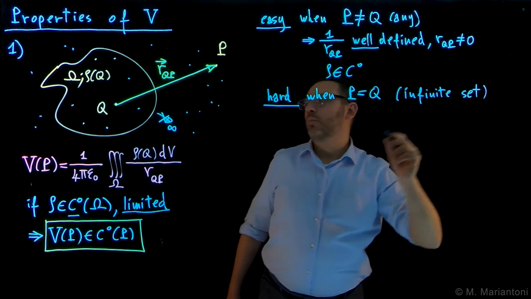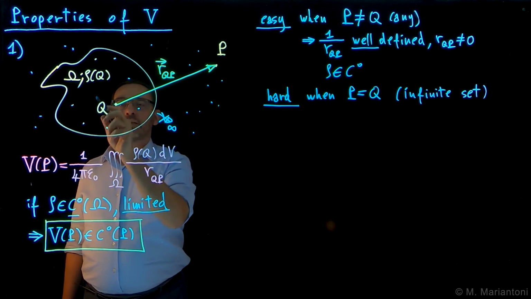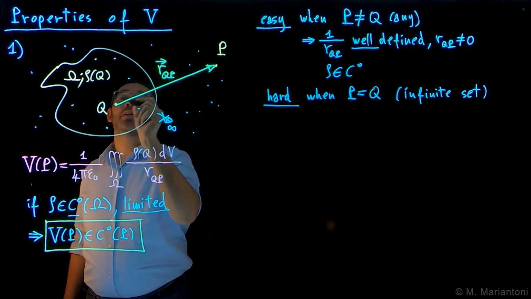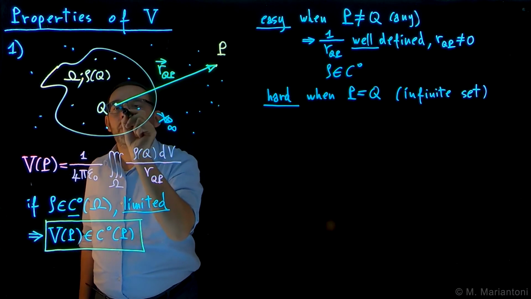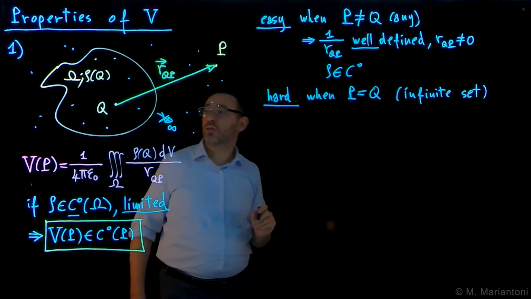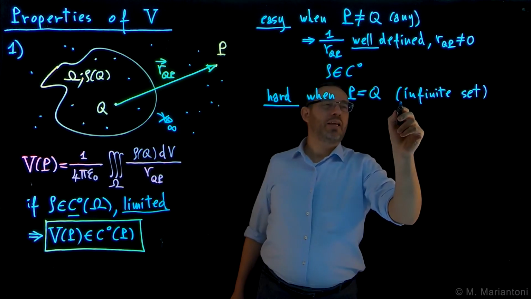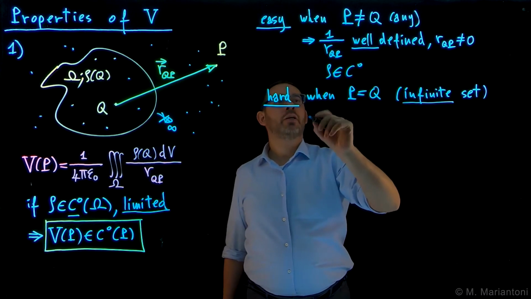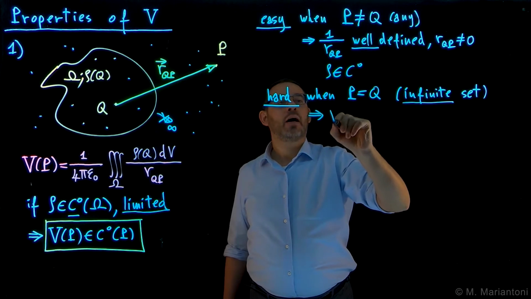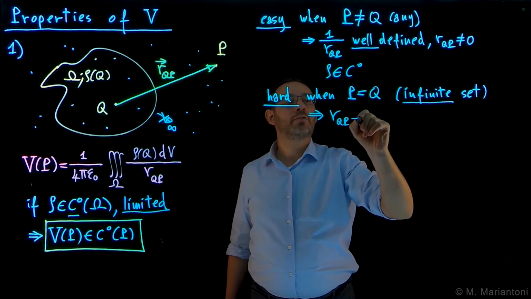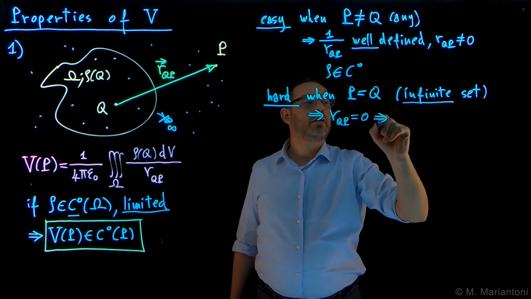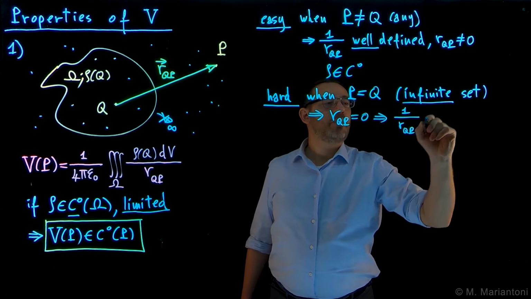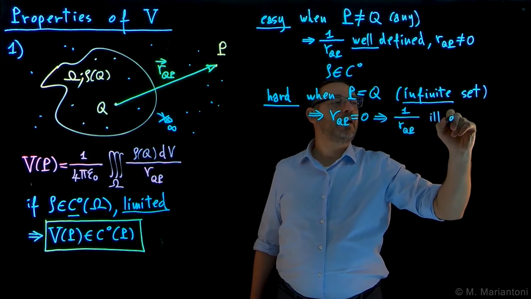When I observe within this region of space where the charge is defined, I can end up in infinitesimal neighborhoods of any point in capital Omega. So I can have an infinite number of scenarios in which RQP is equal to 0, which means 1 over RQP happens to be ill-defined.